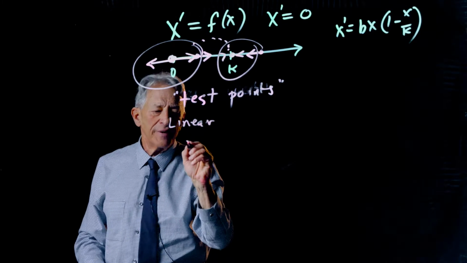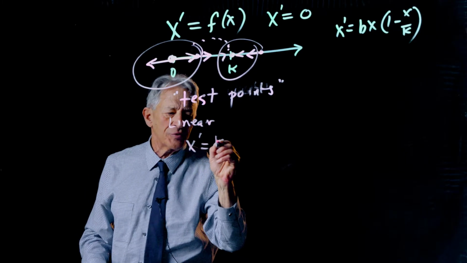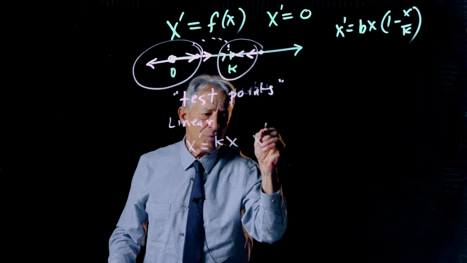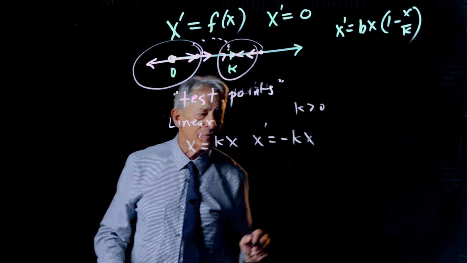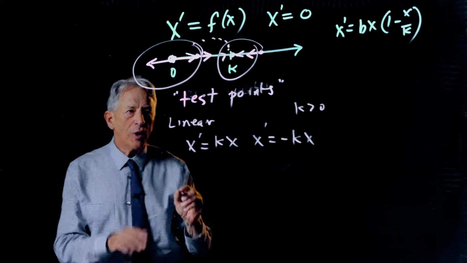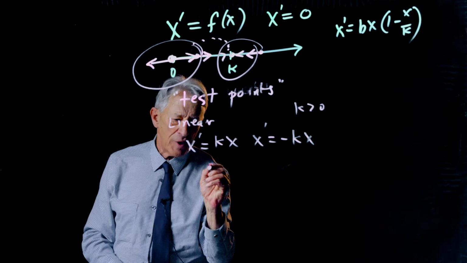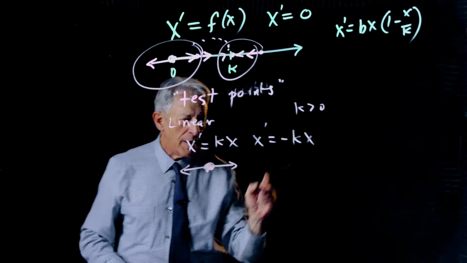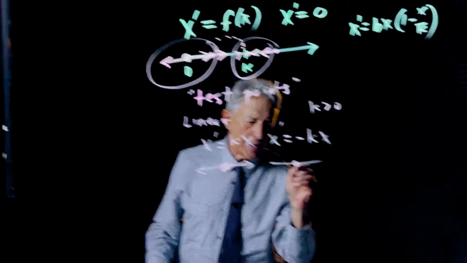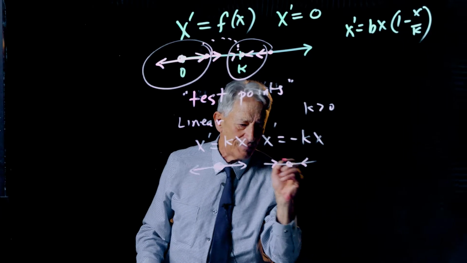The 2 linear vector fields were x prime equals kx and x prime equals minus kx. And we're assuming k bigger than 0. What do they look like? Well, x prime equals kx looks like that. And x prime equals minus kx looks like that.